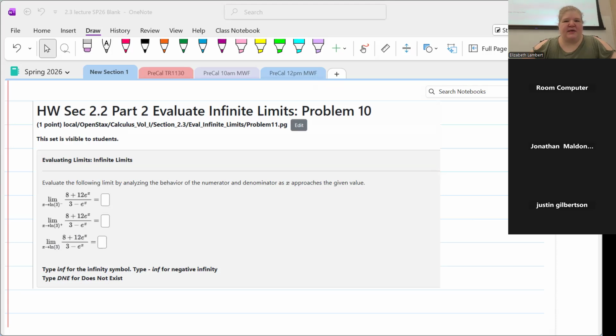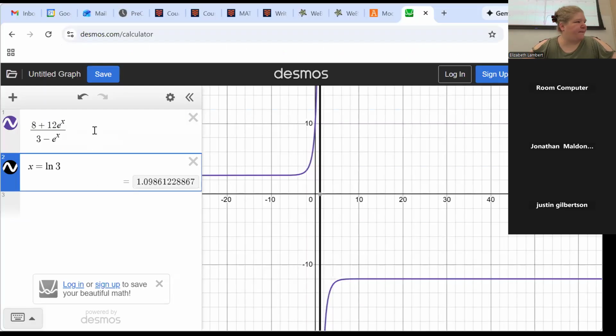All right, let me flip the share here so y'all can see the Desmos. Originally I was zoomed in and saw absolutely nothing. I zoomed it out and I was like, oh, okay, so the graph is doing a weird splitty thing. And then I was like, where is natural log of 3?